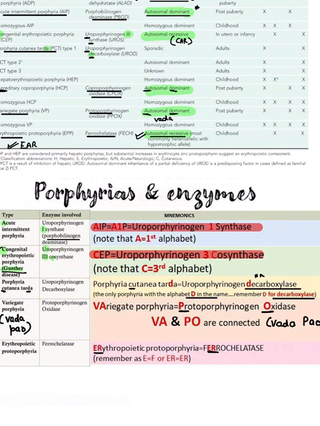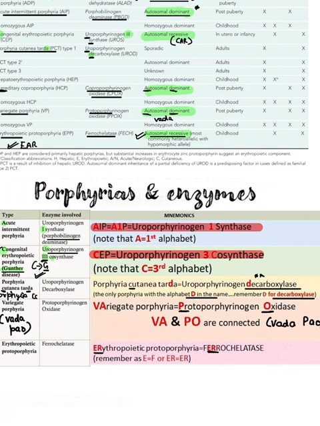See, congenital erythropoietic porphyria, this C can be made into a G. It is also known as Gunther's disease, and C is the third letter, that is uroporphyrinogen 3 cosynthase, guys.